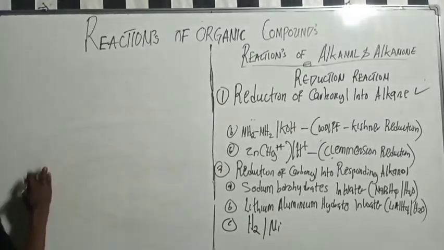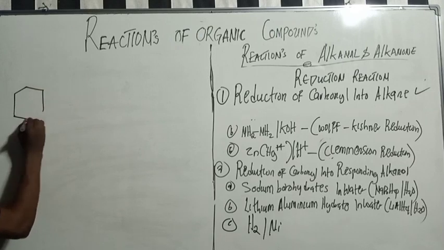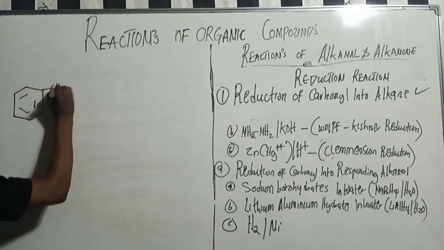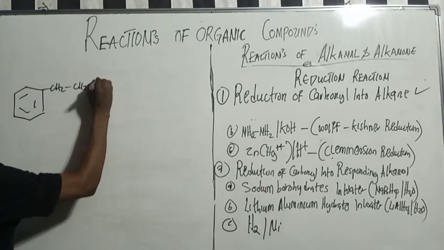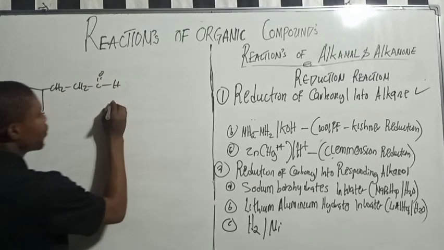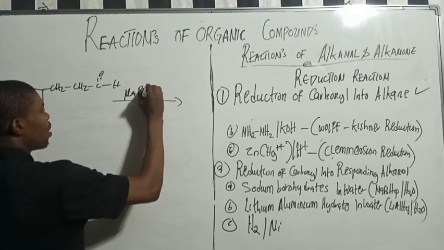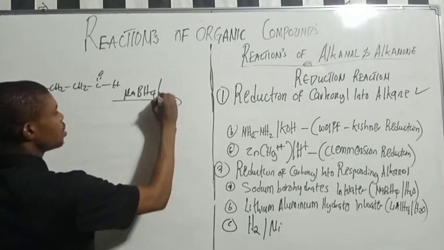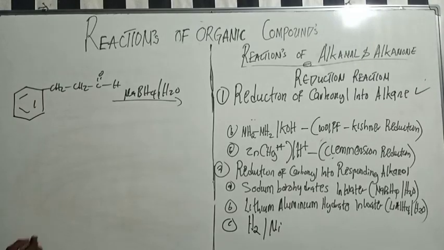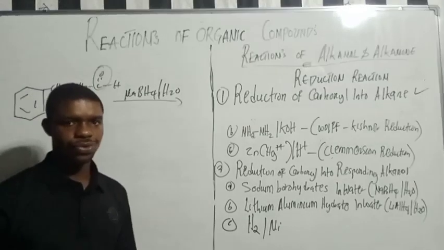So if, for example, here I have this compound, and you reduce it using sodium borohydride in H2O, do you see that? Now, this one here will be reduced to an alkanol. Do you get that?